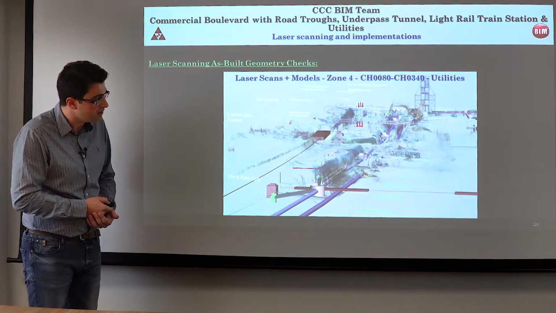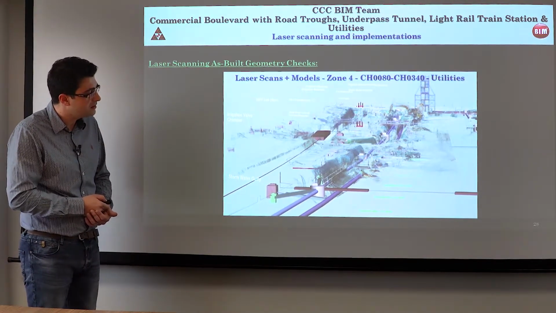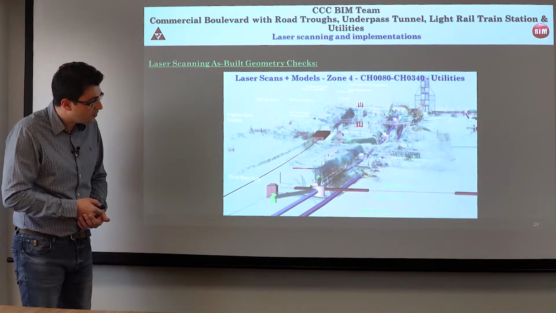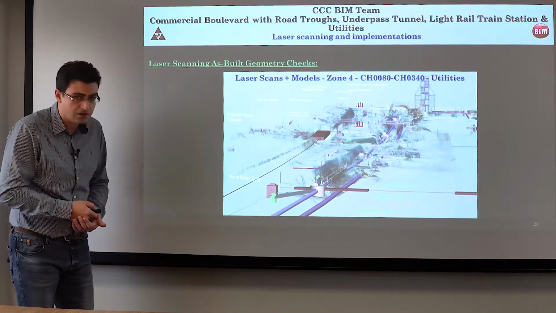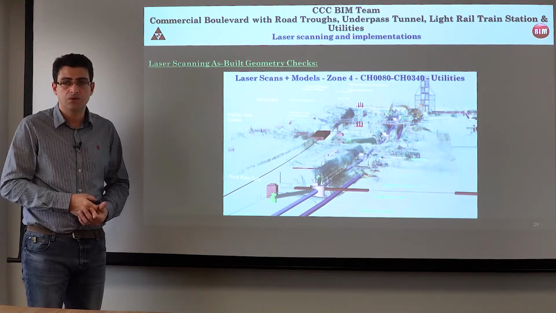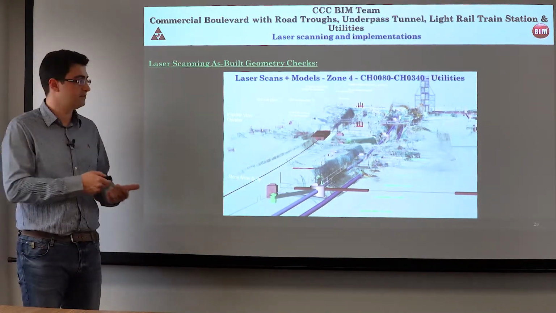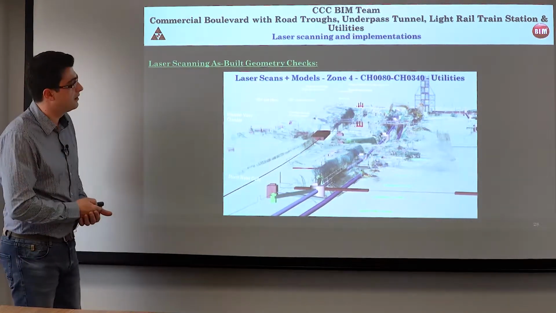It's easily discernible that here is our as-built situation from the laser scan, and within the different positions of the projects, we can see the model coinciding with the laser scanning, which means what? That our construction is correct and our modeling is correct as well.